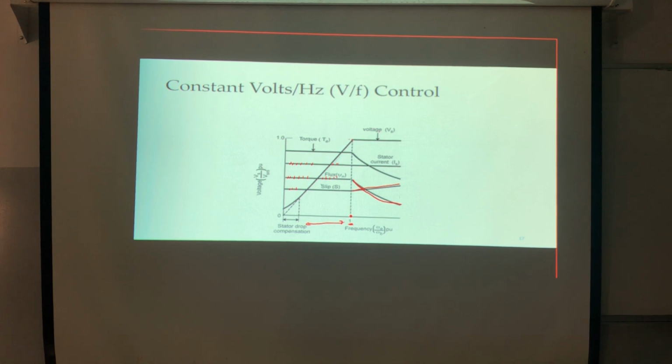Because I'm keeping the voltage constant and increasing the frequency, so the flux will be reduced. If I need to maintain the current constant, I cannot do that unless I allow the slip to increase. So again, this is what we call the constant torque region, and this is what we call the constant power region.